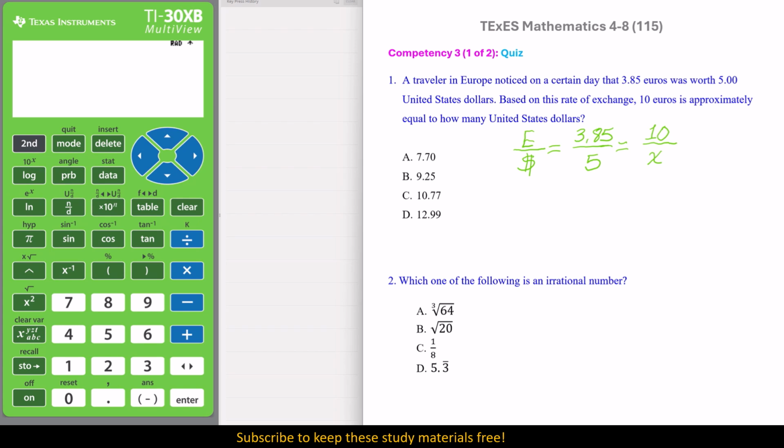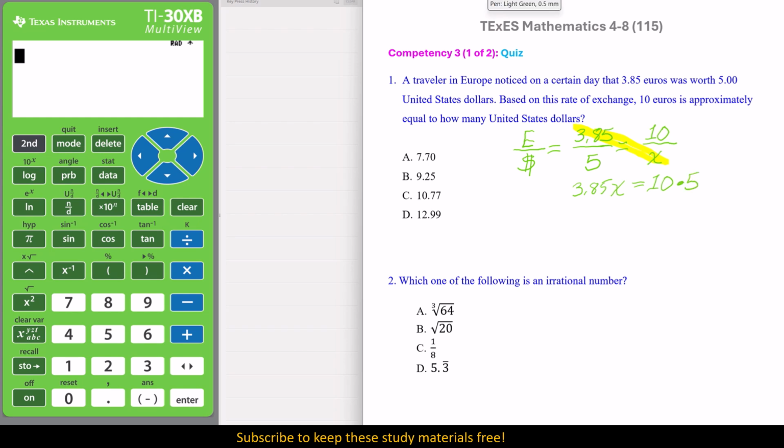Okay, so this is just a proportion. If you remember, you cross multiply. First we would set up going this way. All right, so that means we'd have 3.85x is equal to, now the other way, which is 10 times the 5.